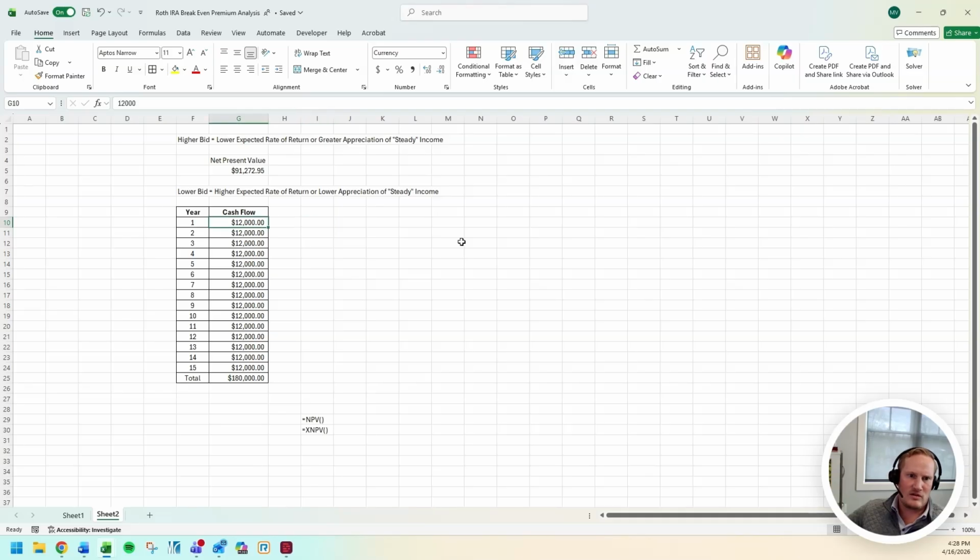So let's say somebody is required to pay $12,000 at the end of each year for 15 years. That could add up to $180,000 in value. Of course, that is not what it is worth today because of things like inflation or opportunity costs. And so what we want to do is use a discount rate.